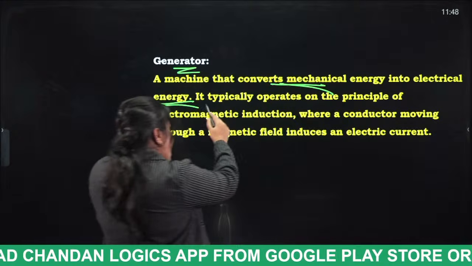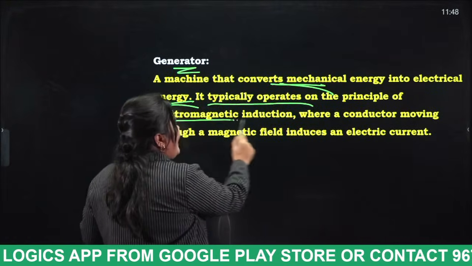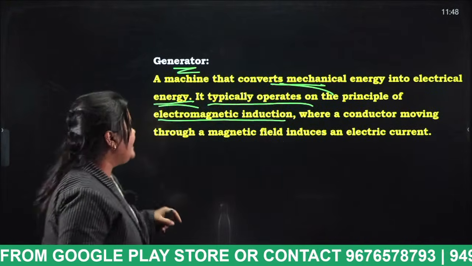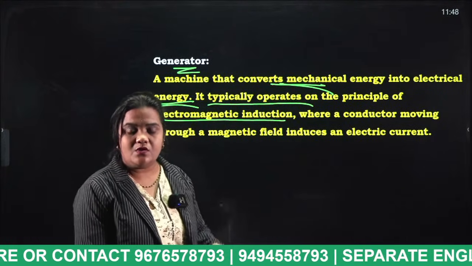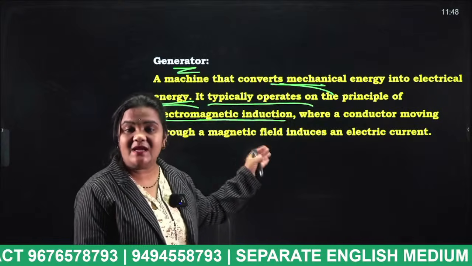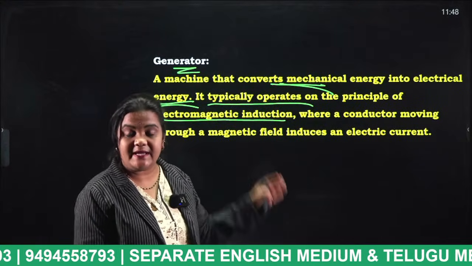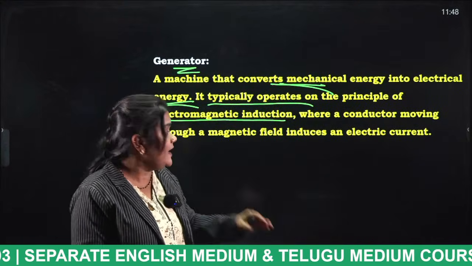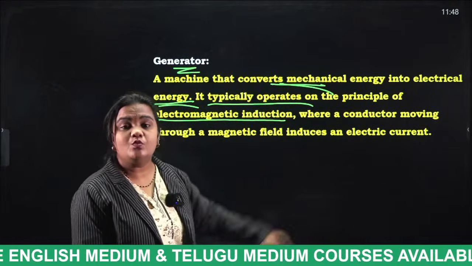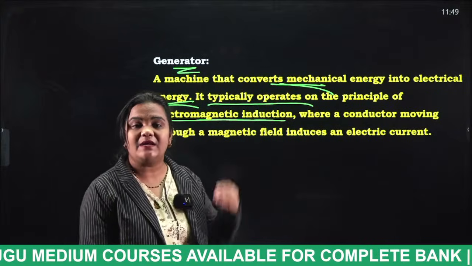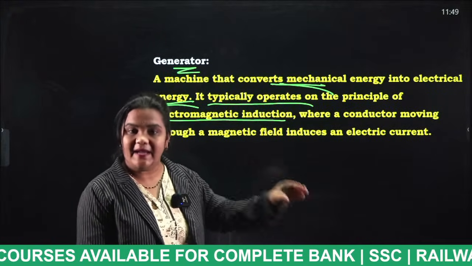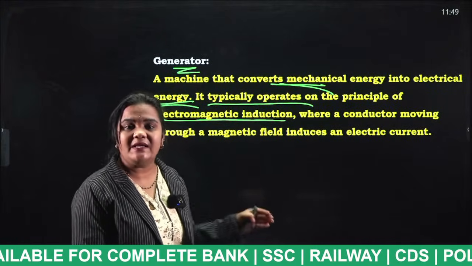It typically operates on the principle of electromagnetic induction, where a conductor moving through a magnetic field induces an electric current. So on which principle does the generator work? On electromagnetic induction. When a conductor is moving through a magnetic field, electric energy is produced.